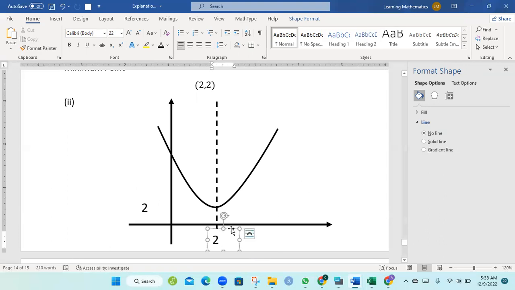And then we label the x axis x, and the y axis y.